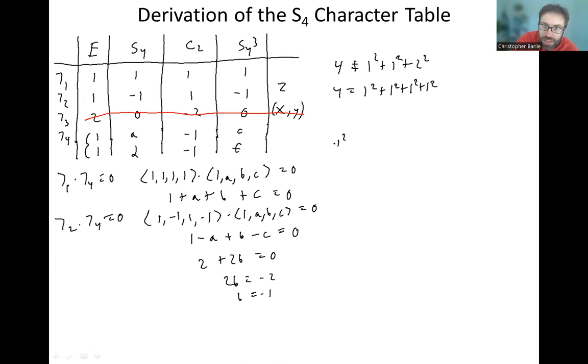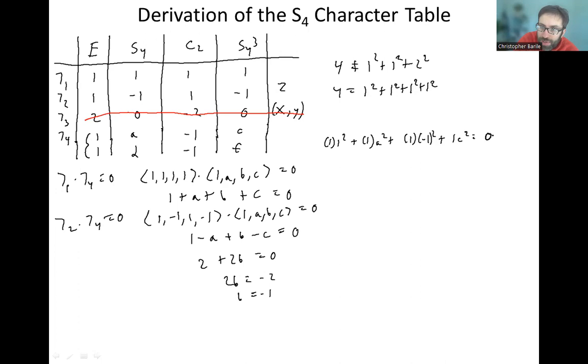But what this means is that 1 times 1 squared, the first one is coming from the number of symmetry operations in identity. There's only one. And then I'm taking this character and squaring it plus one operation in the S4 class times a squared plus 1 operation in the C2 class plus -1 squared plus 1 operation in the S43 class times c squared.